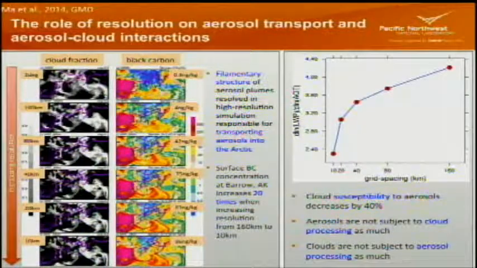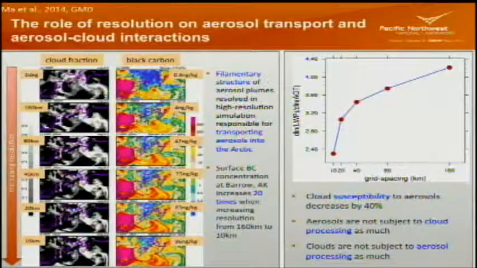The other thing is that although the domain average cloud fraction is about the same, you can see that this aerosol plume is going through between the two cloud systems. There's a cloudless transport pathway in the high resolution, which is not observed in the coarse resolution model. So two things are happening.